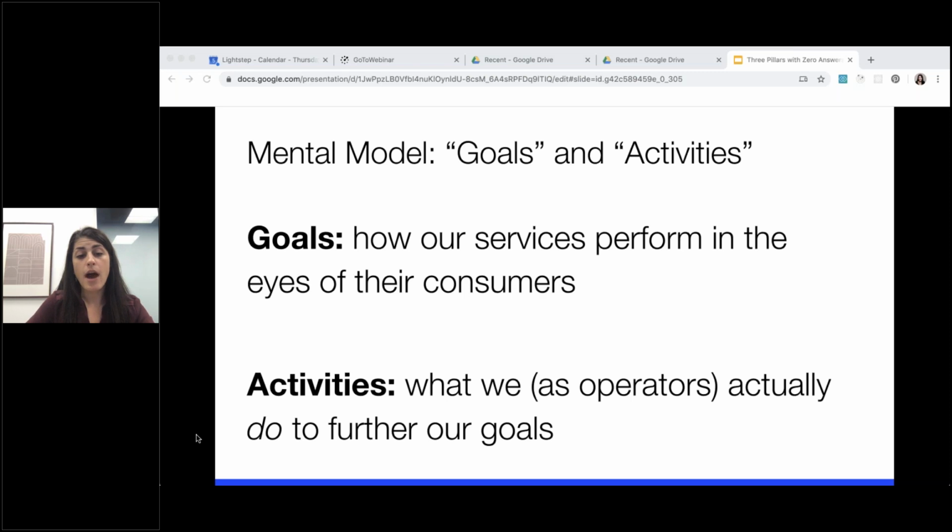We should also think about how the activities that we take as operators accomplish those goals or further those goals. So we can really divide observability into these two core pieces. What are the goals of my service, and what are the activities that I need to take in service of those goals?